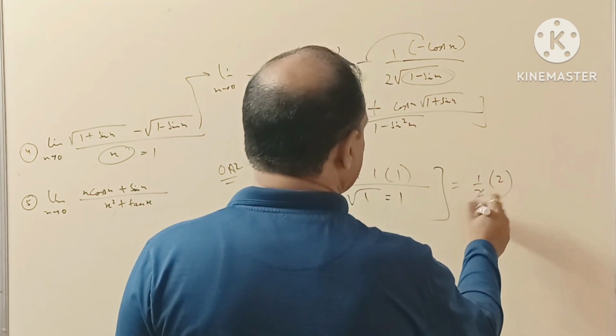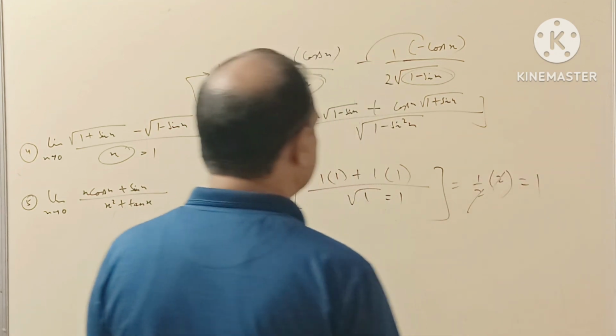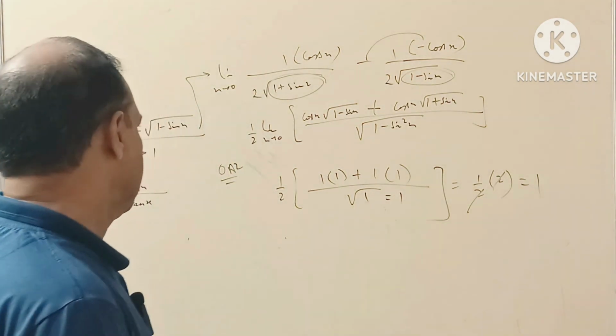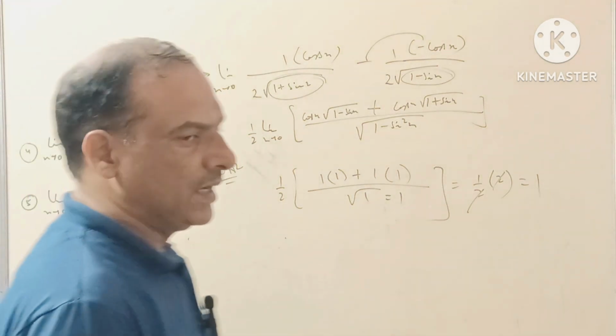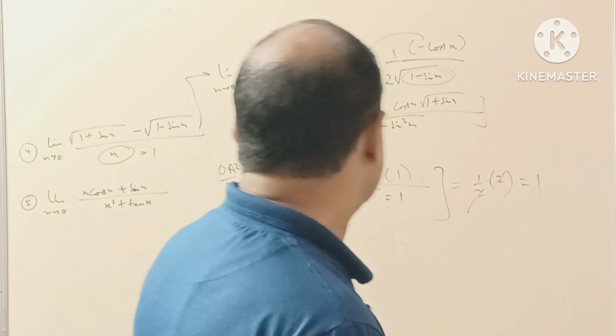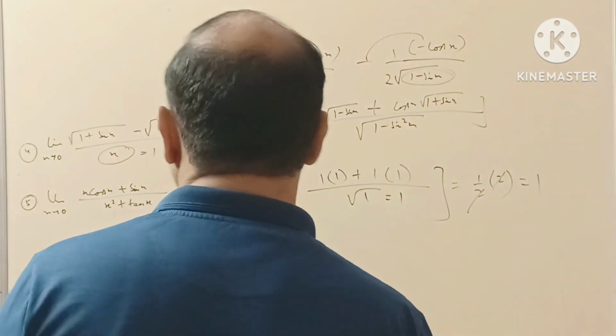In the numerator it is 2, and you will cancel it, and your answer will be 1. So if you differentiate it like this, using the L'Hospital rule, this is the answer of your first part, which is question number 4.